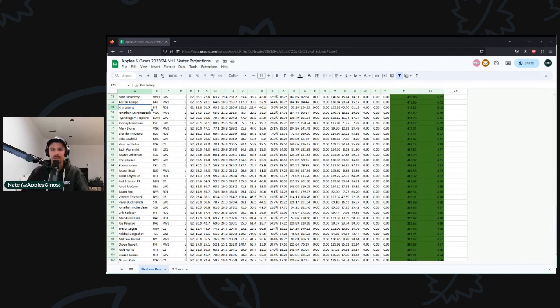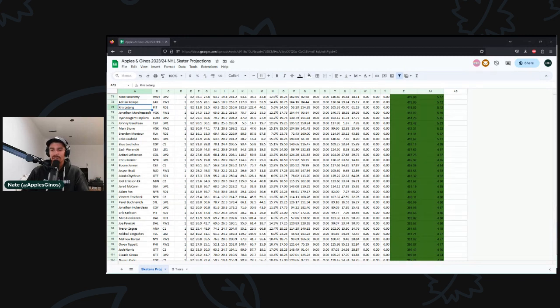Generally, it's something like 60% weight for the previous season, 30% weight for the season before that, and 10% weight for the season before that. That's a pretty common sort of model. I personally don't think that it's the greatest way to do projections, but I can delve into that a little bit more.